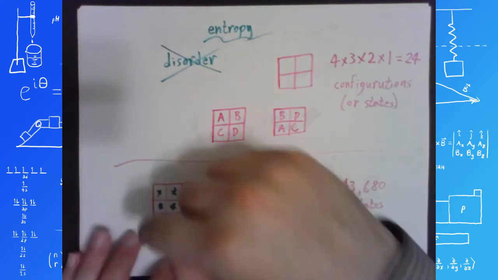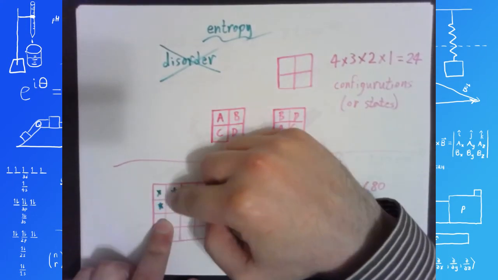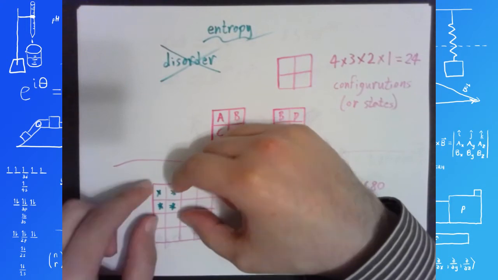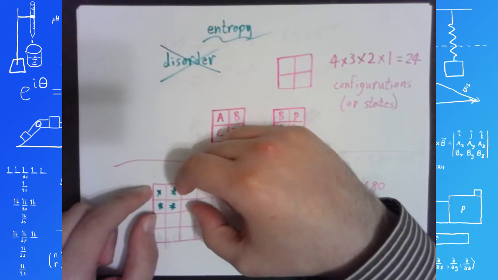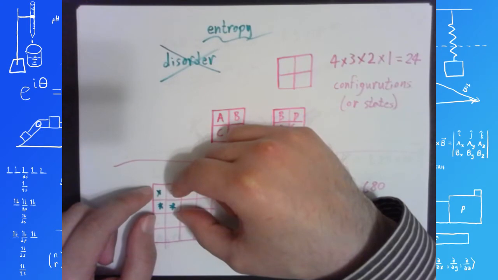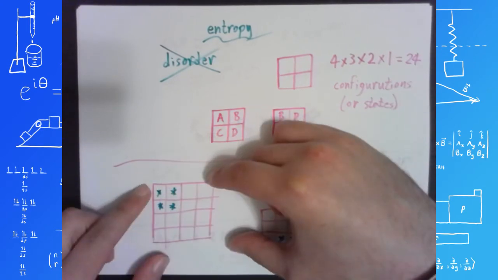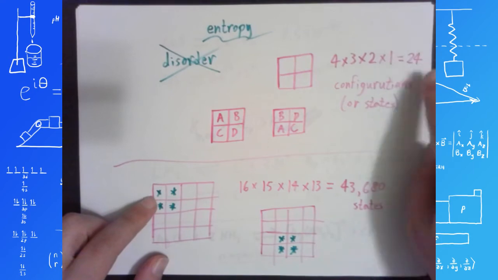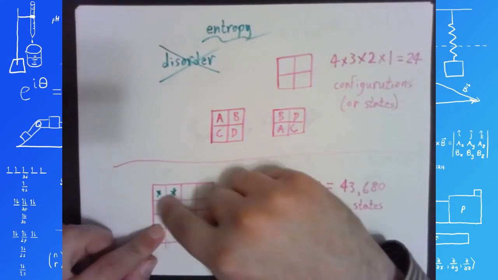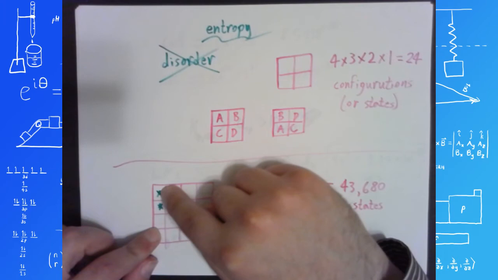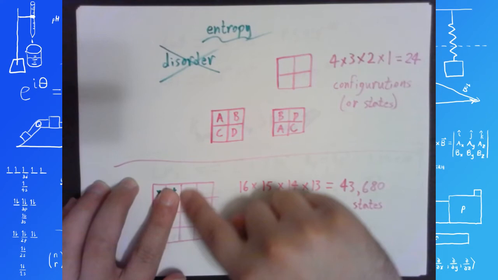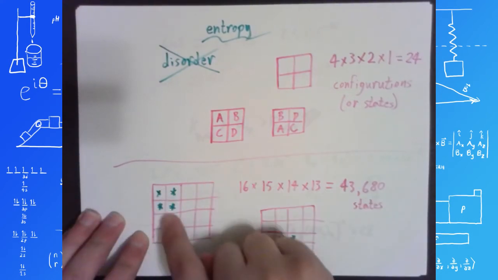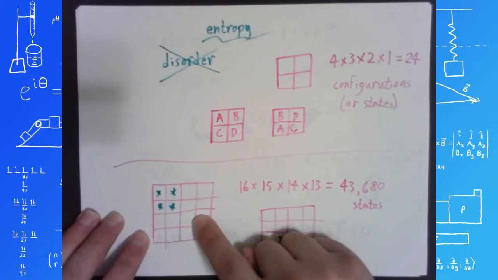Well, let's see. For every one of these possible 2x2 arrangements within the 4x4 grid, there's going to be 24 configurations. So there's 24 ways for four particles to be in the top left corner of your 4x4 grid. There's 24 ways to have them in the top right corner over here. There's 24 ways to have them in the bottom left and 24 ways to have them in the bottom right.